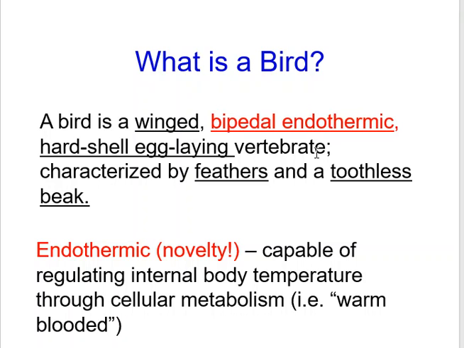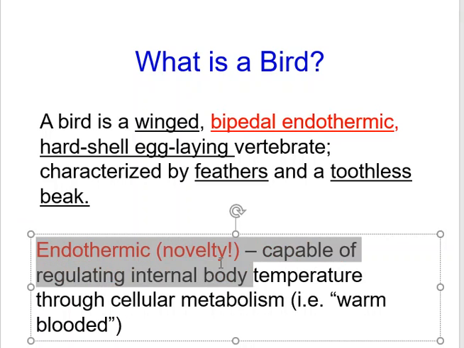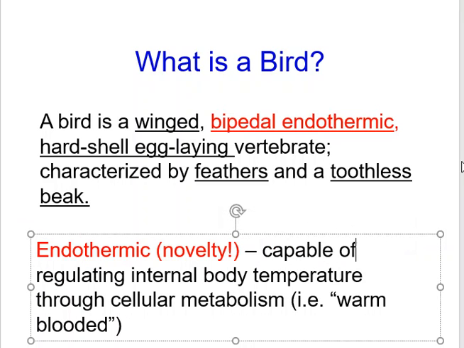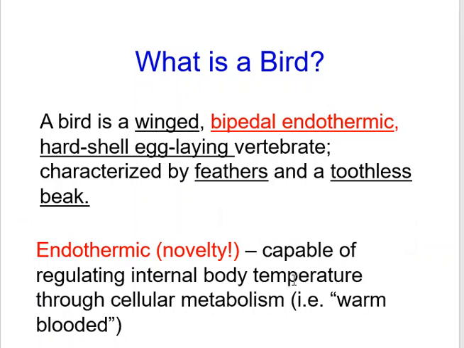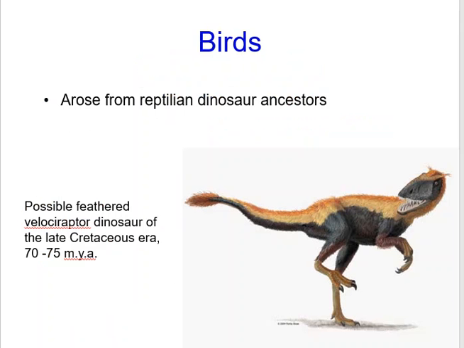But endothermy is a novelty of birds. Birds present feathers rather than scales and a toothless beak. So remember, the novelty here is being endothermic. And being endothermic, which refers to the capability of maintaining the internal body temperature constant, is an important feature because birds need a lot of energy for flight.